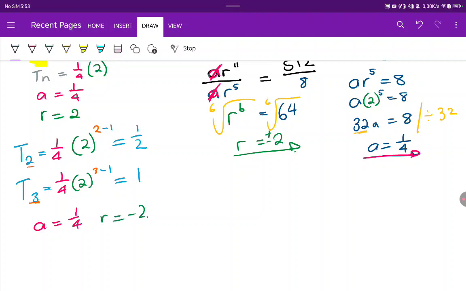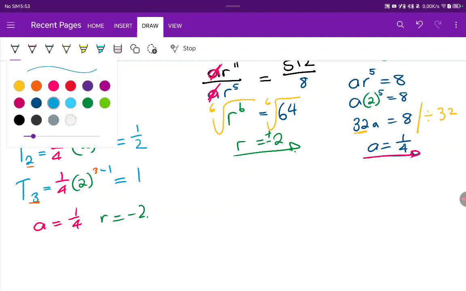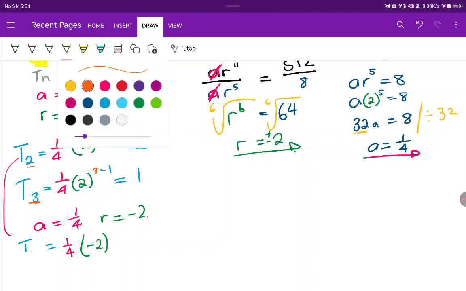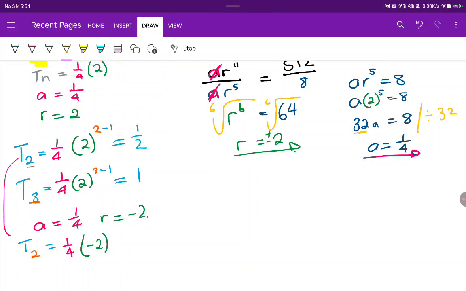That means that we have Tn equals a quarter times r, which is negative 2, to the power of n minus 1. So this n, we're going to make 2, right? Because we're going to repeat this one here. So it should be orange. Sorry, my bad. So that's 2. 2 minus 1 is 1, which means that this answer is going to be negative a half.